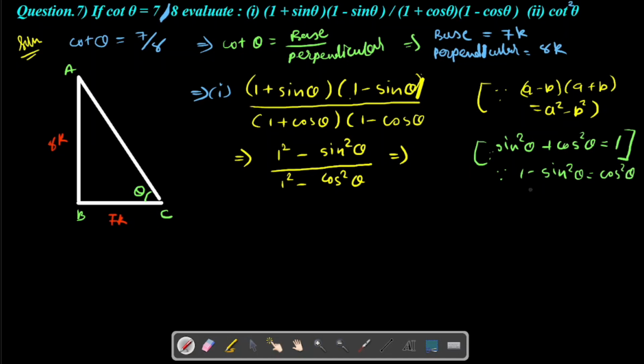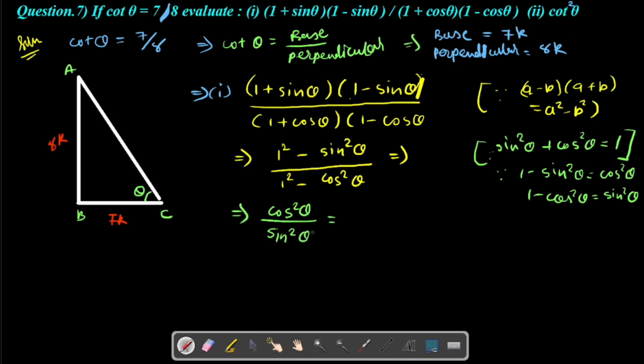Similarly, 1 minus cos square theta is equal to, yes, sin square theta. Very good. So now we write 1 minus sin square theta, which is cos square theta. Upon 1 minus cos square theta, which is sin square theta.